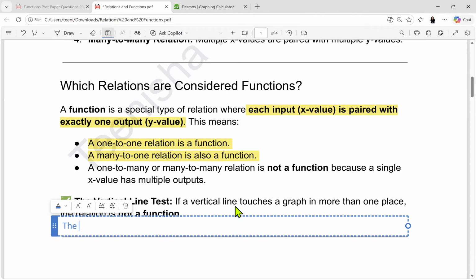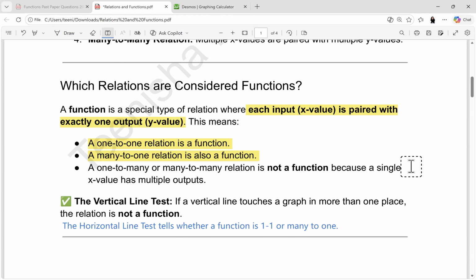So the horizontal line test tells whether a function is one-to-one or many-to-one, right? So using the same two graphs that we know, we've established our functions, right?